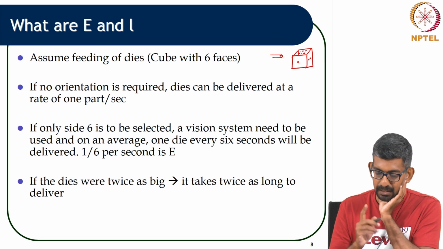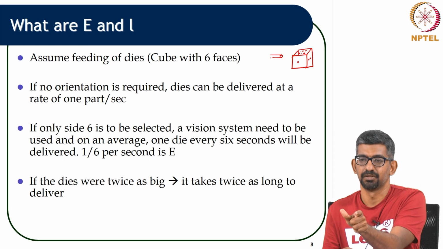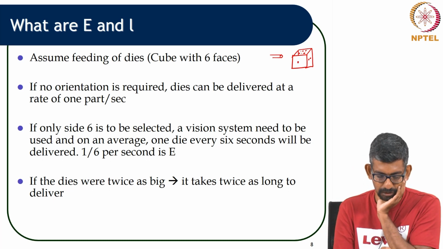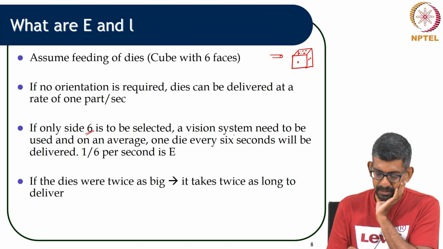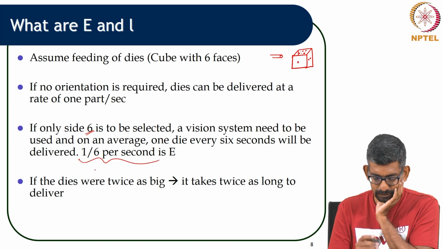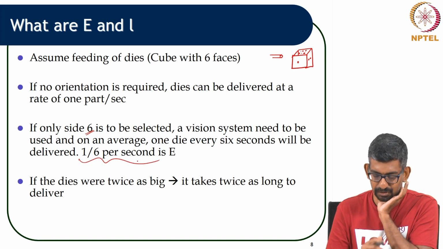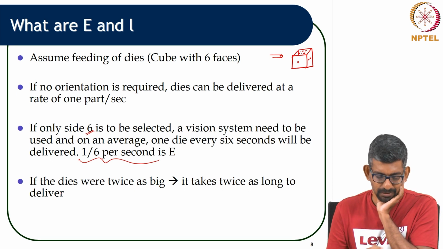So, it will take about 6 seconds for me to identify the face and then orient it. If only side 6 is to be selected, or it can be any side, a vision system needs to be used, and then you can only do 1/6 per second, or it will take 6 seconds primarily.